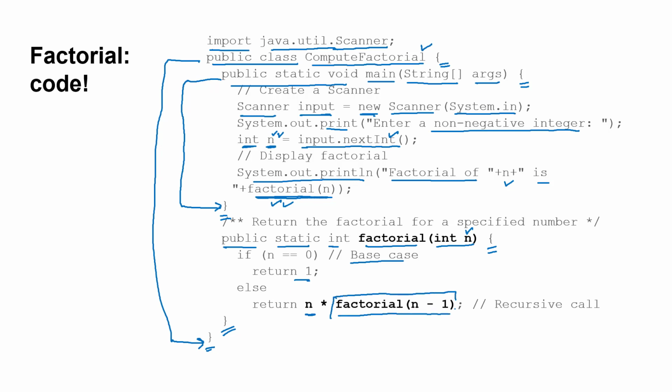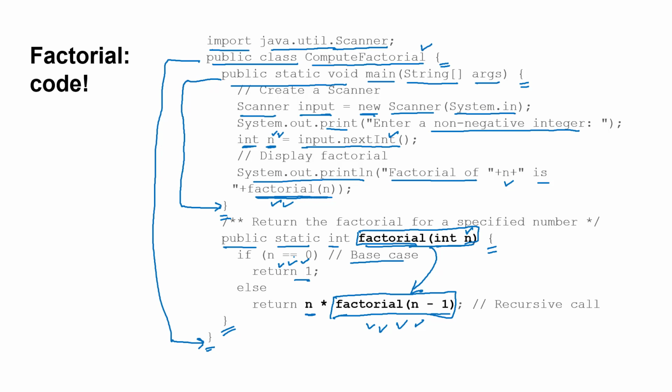So this is the recursive connection. Factorial of n is the method, and inside that method we are recursively invoking factorial of n minus 1, right? And this keeps on recursing till we hit the base condition when n is equal to 0.